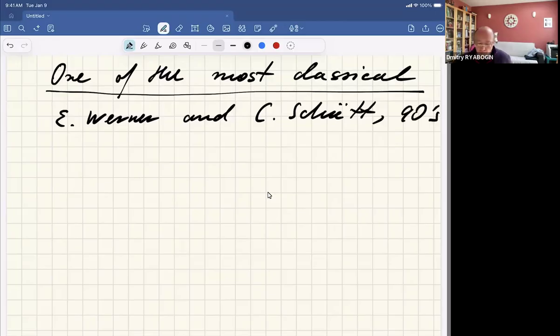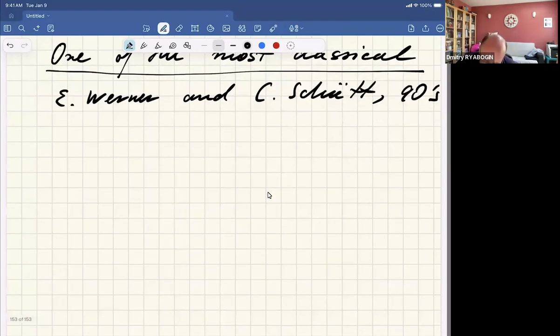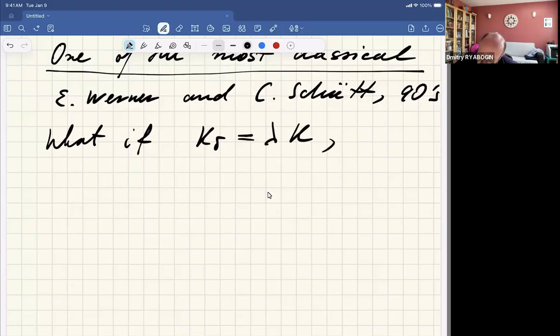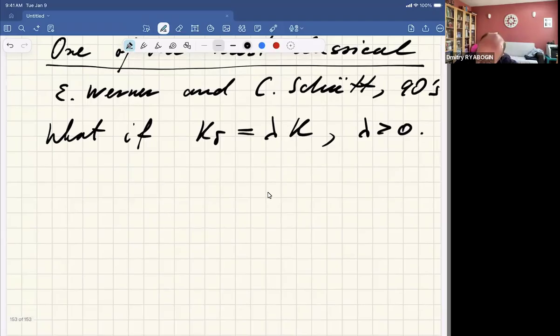So they ask, what if K delta, the body of flotation, is proportional to K, with lambda some positive real number. This is the question. And so again, I will make a picture.